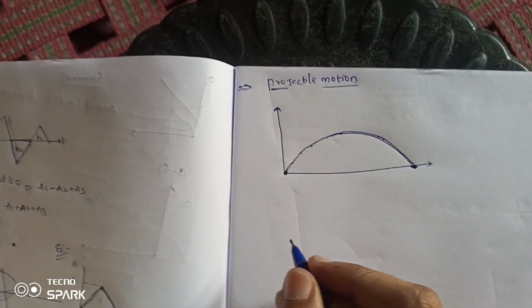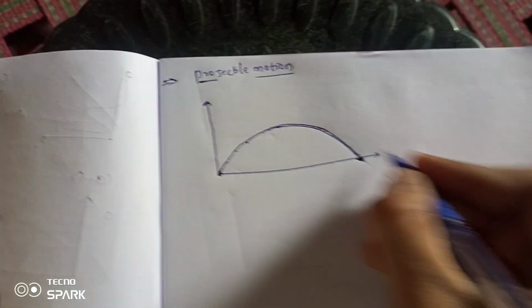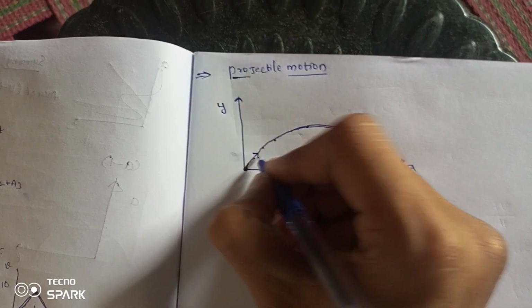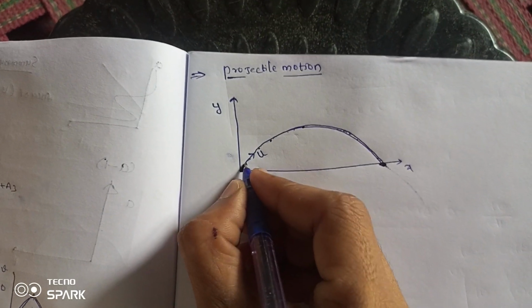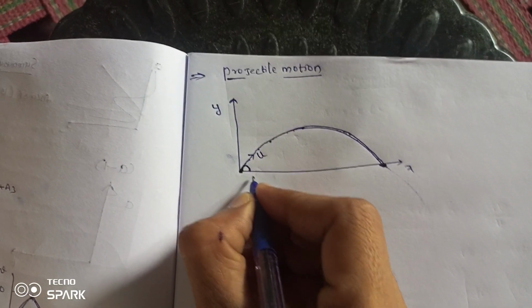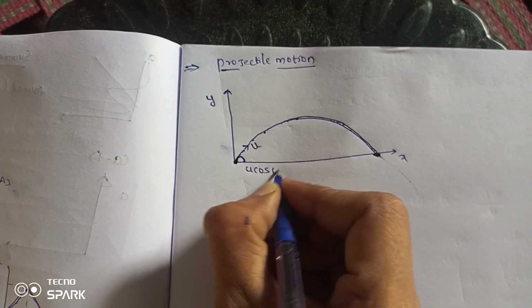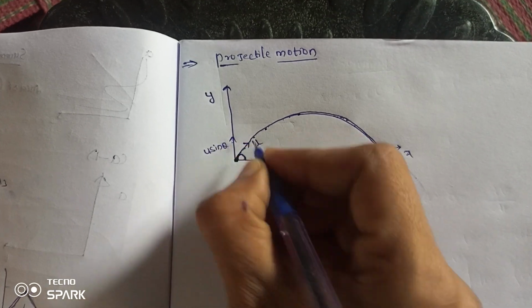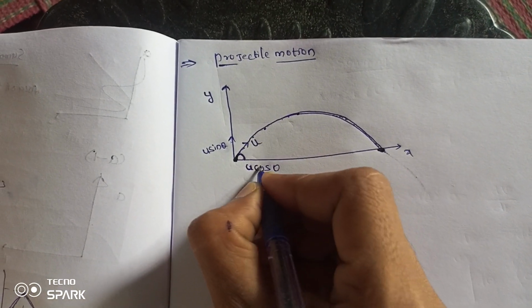I am drawing the axes, y axis, x axis. This is velocity u, and this is theta. This is u cos theta, and it is u sin theta. Since it is adjacent, I write u cos theta.